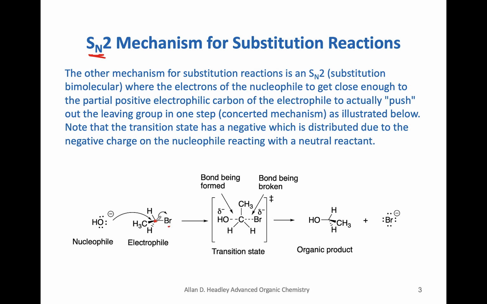This carbon is partially positive because it's bonded to the leaving group, which is typically electronegative, and when it leaves, it takes these electrons here. For the SN2 reaction, the nucleophile, here the hydroxide anion, attacks from the rear of the leaving group, exactly 180 degrees from the leaving group.